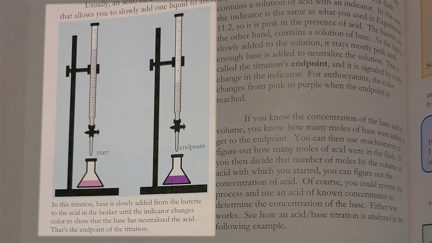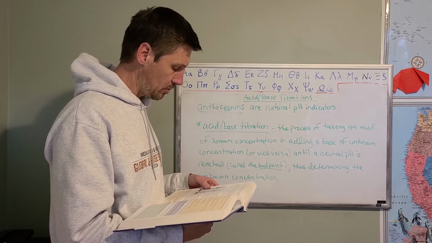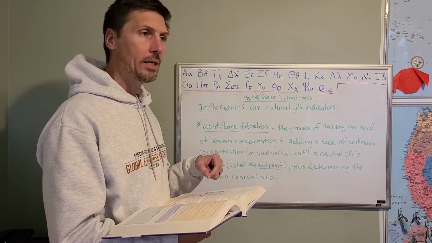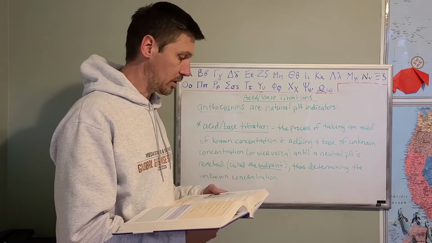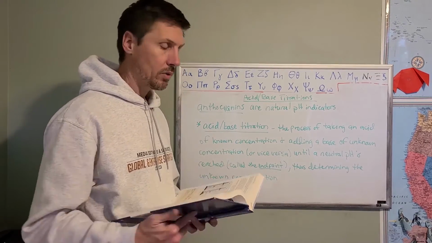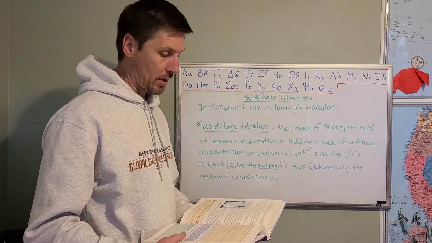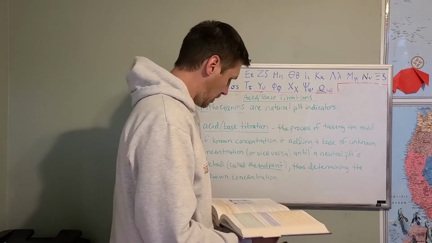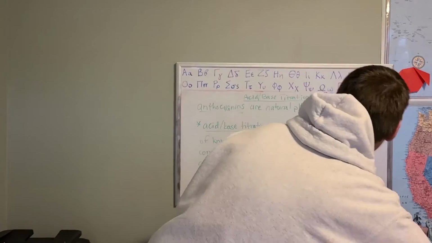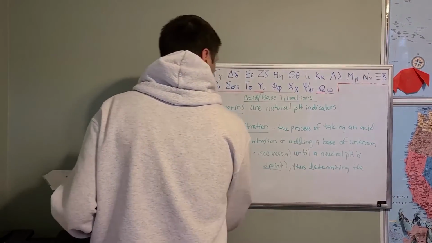We drip it down in there because it's in a device that allows us to measure the volume that was used. We just keep adding it until we see the color change that we're looking for, and then we know what volume we used, and from that we can determine the concentration of the base that we were adding to the acid. So let's do problem 11.6, which is an acid-base titration problem.